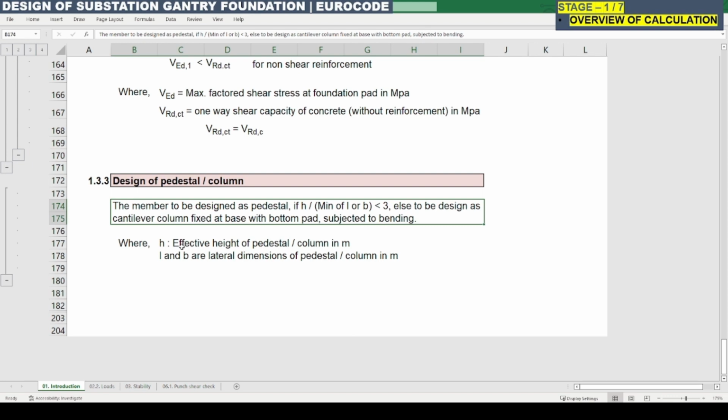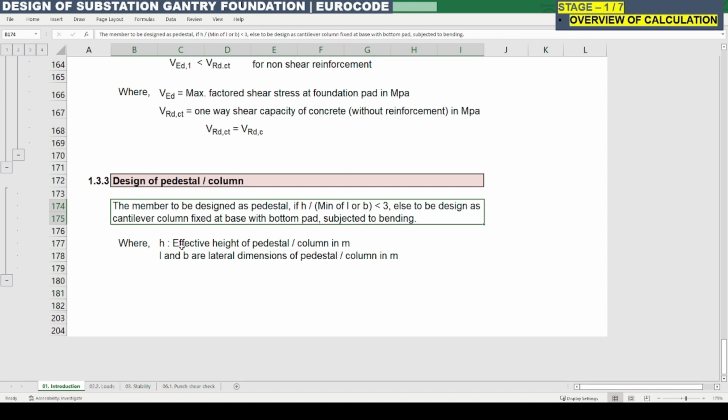If it is a pedestal, then we can provide a nominal reinforcement around the pedestal with some lateral ties which are required for shear resistance. So no calculation is required for that. But in case the depth divided by the least lateral dimension is greater than 3, then we need to design this for bending plus axial tension or compression.